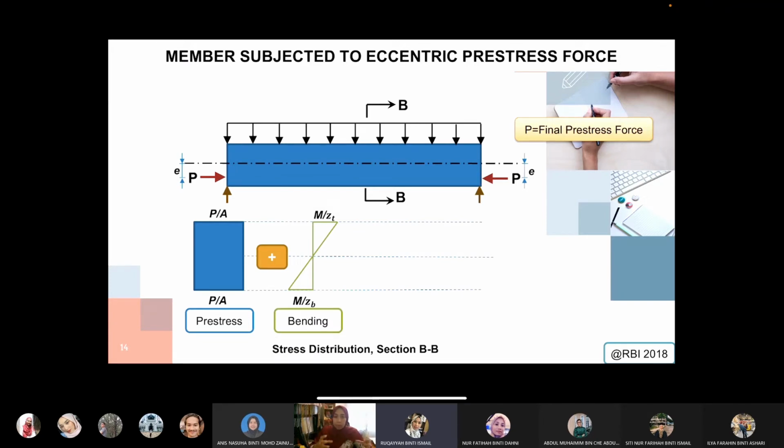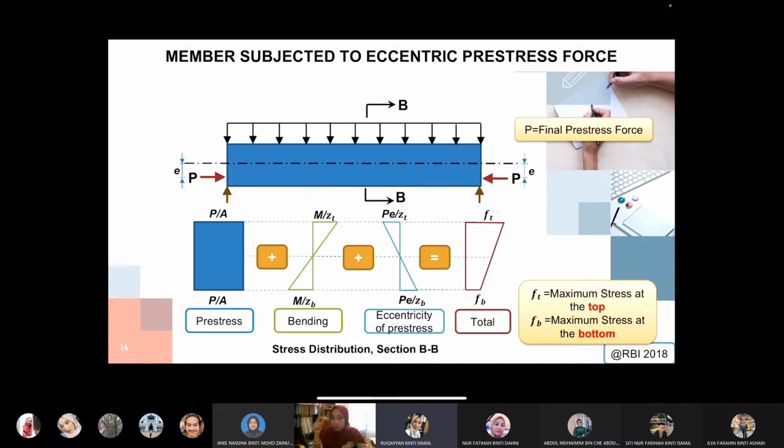The bending stress along the length of the beam is caused by the UDL, the load applied along the beam. Plus we have an additional stress coming from the eccentric position of the tendon, which gives you P multiplied by e. P multiplied by e is equivalent to moment.